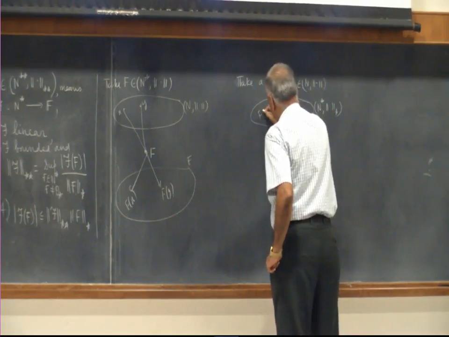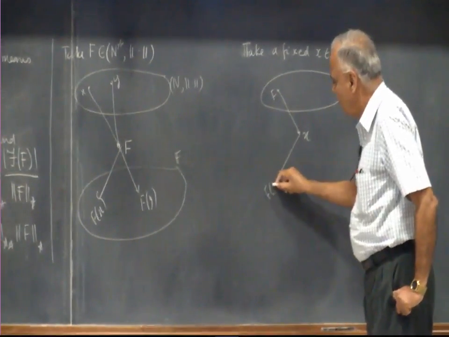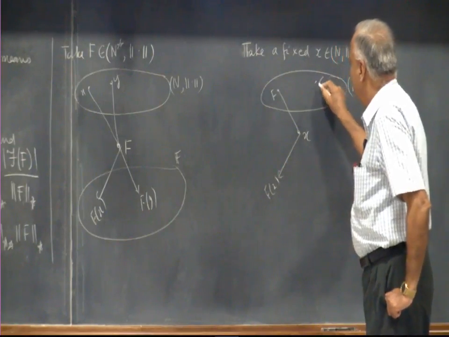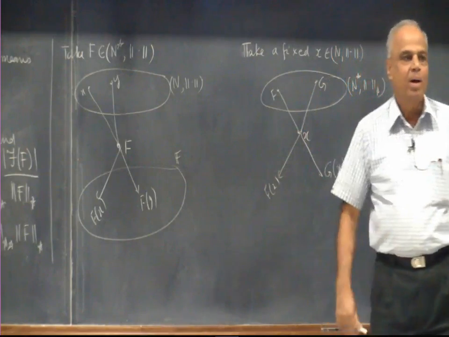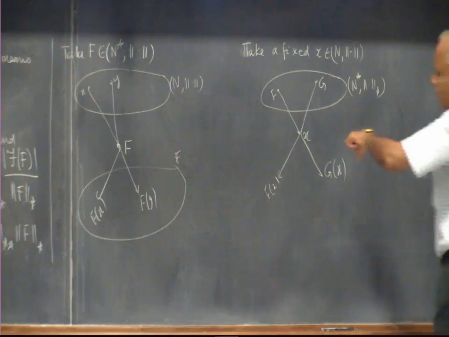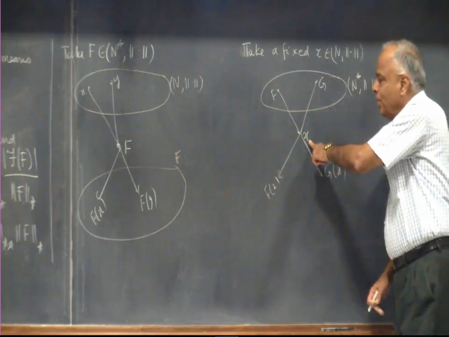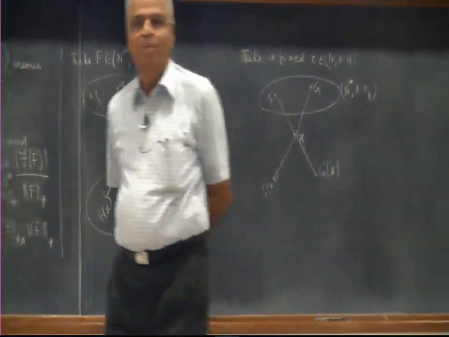Take an f, ask him to examine him, he gives out a number, take another to examine him, he gives out a number and so on and so forth. So this patient extracts a number out of every doctor, which means we have, starting from a fixed x, a way of assigning numbers to every functional.